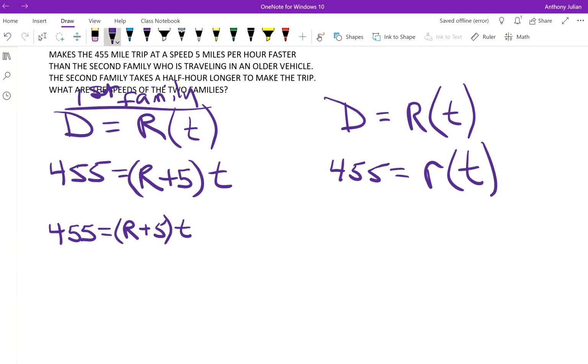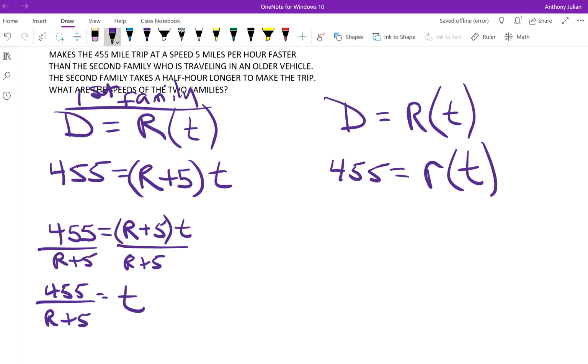So the t, I'm going to divide both sides by r plus 5. And then this one for the first family is t equals 455 over the r plus 5. Okay, then I'll deal with the half in a moment.